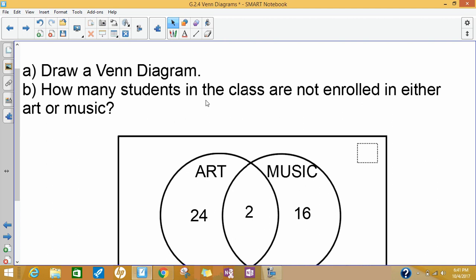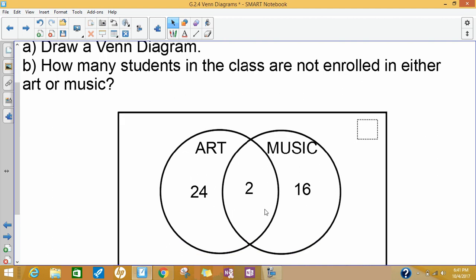Now I want to find out how many are not enrolled in either art or music. So I'm going to add these 3 numbers together. 24 plus 16 gives me 40, plus 2 more students gives me 42. So if I do 60 minus 42, I get that there are 18 students in this class who don't take art or music.